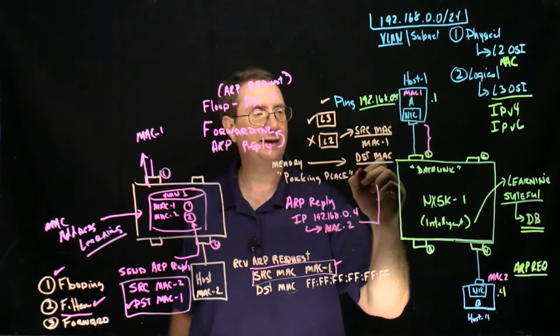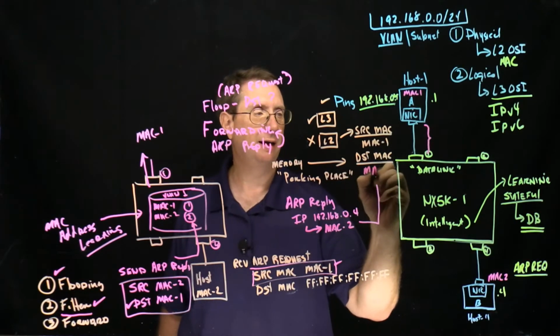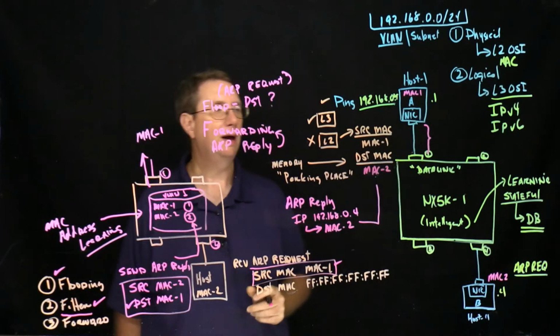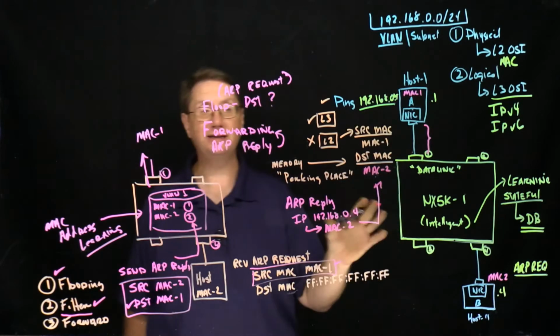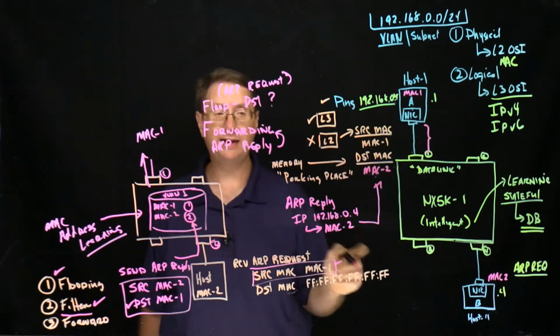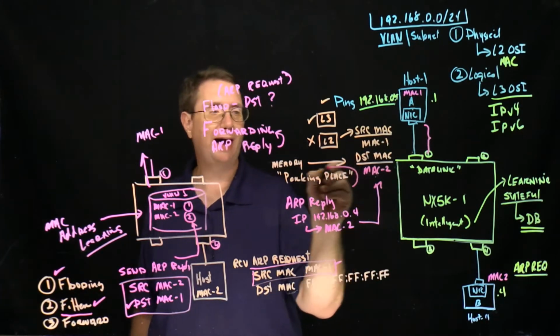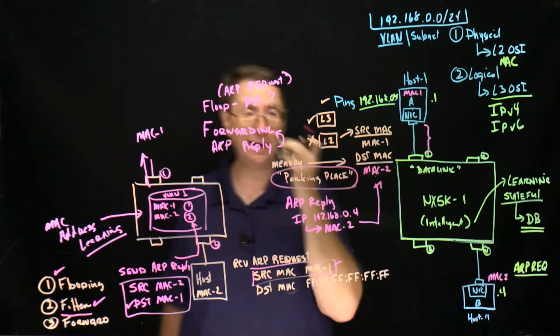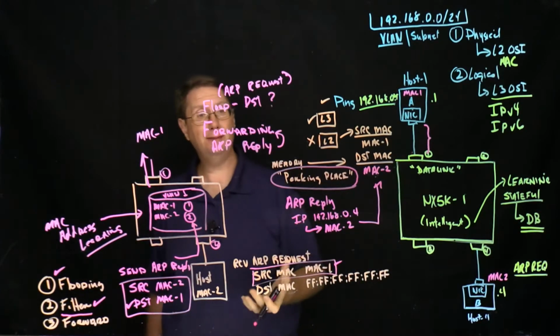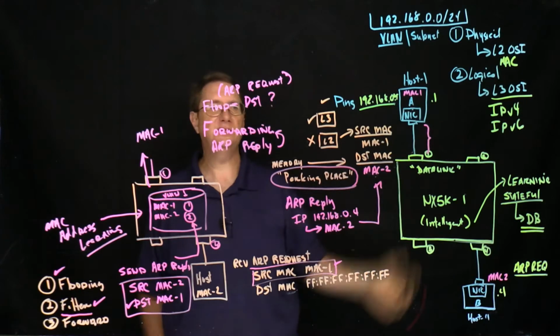It goes in here and writes in MAC 2, and now I have everything that I need to be able to forward the data, which means I can remove my original payload, my original frame, out of memory and then send it.